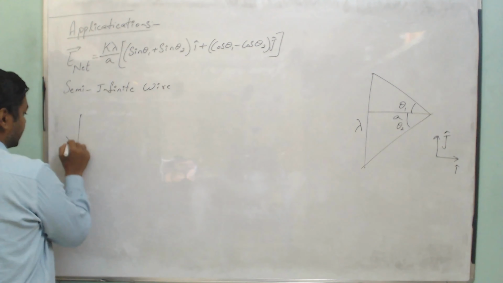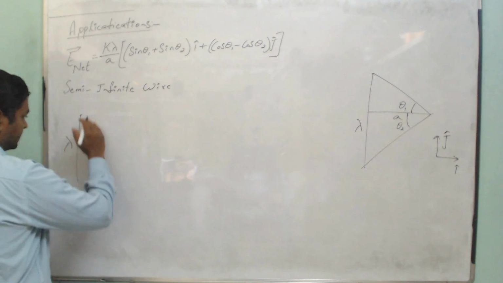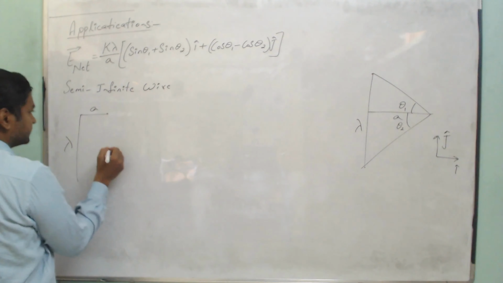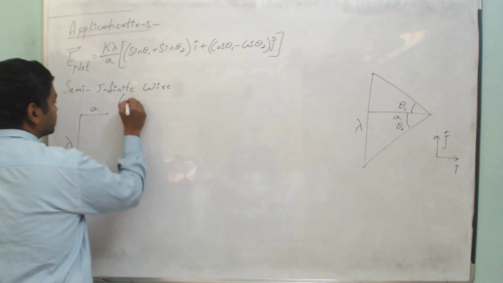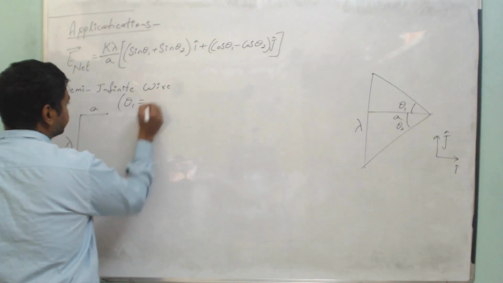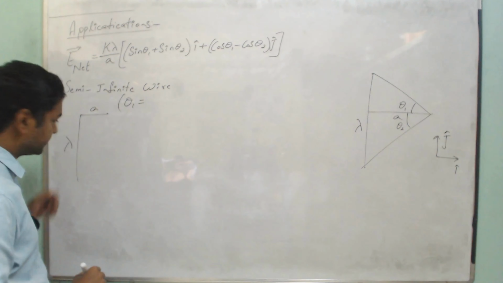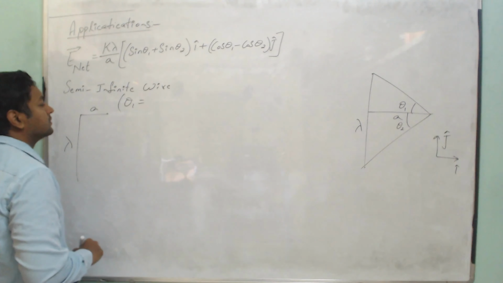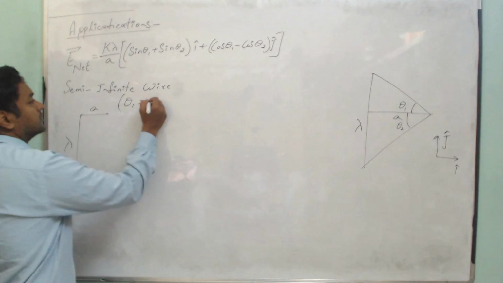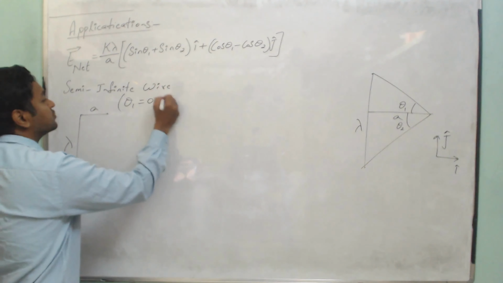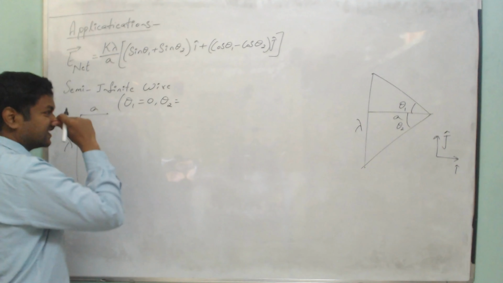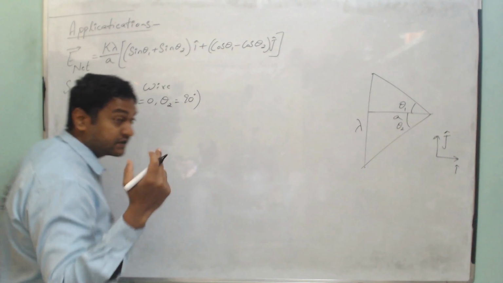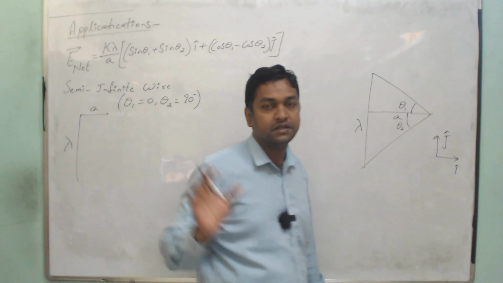This is my lambda, and this is my wire that goes to infinity beyond. First, tell me the values of theta 1 and theta 2 looking at the figure. Theta 1 is 0 and theta 2 is equal to 90 degrees. There is no minus sign because we have already considered that in our limits in the integration.